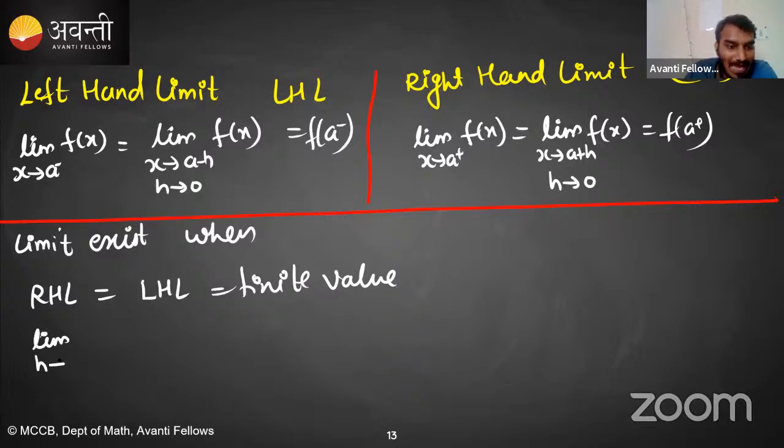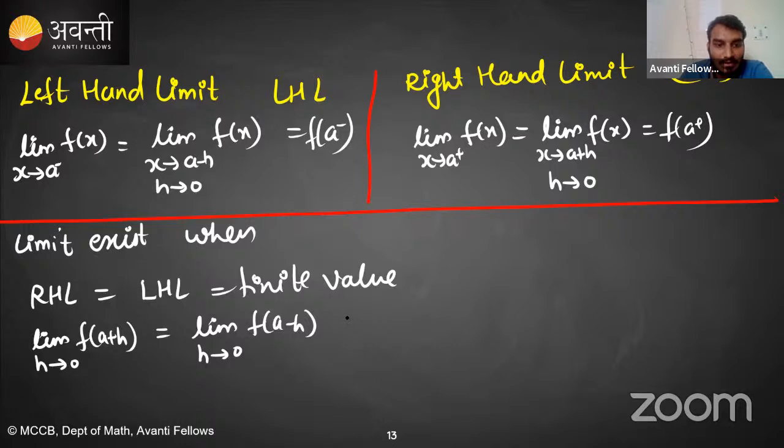Right hand limit is limit h tending to 0, f of a plus h. Left hand limit is limit h tending to 0, f of a minus h. These two should be equal, and this should be equal to a finite value. When this happens, we will say that limit exists. Is this clear, everyone?